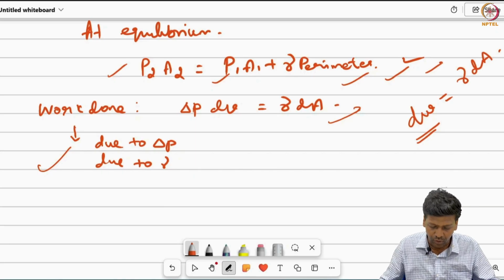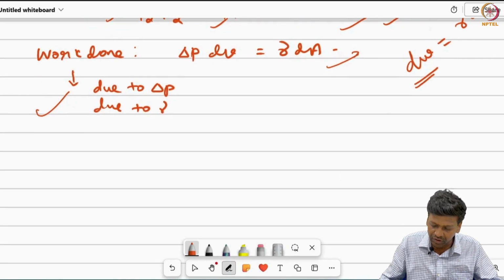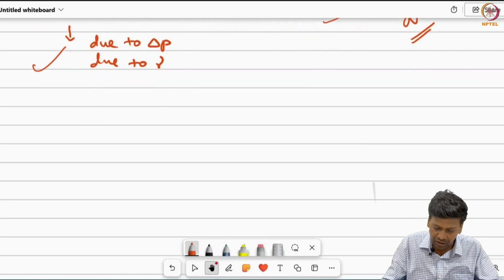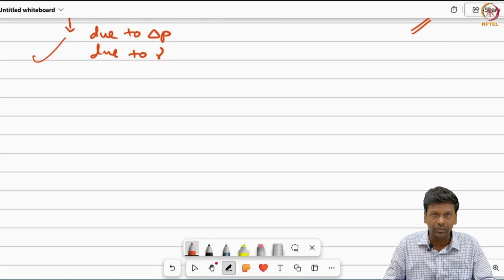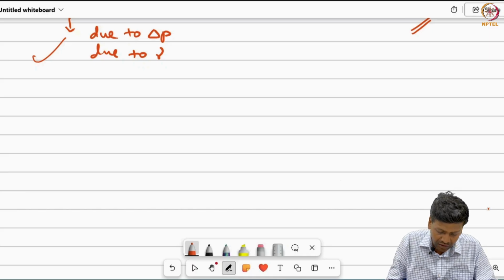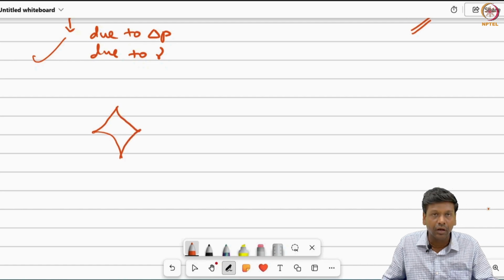So what we will do is we'll start with a simple case. Since we are going to deal with a general equation, for a general case, we'll start with a curvature, where we will deal with two major axes, predominantly.